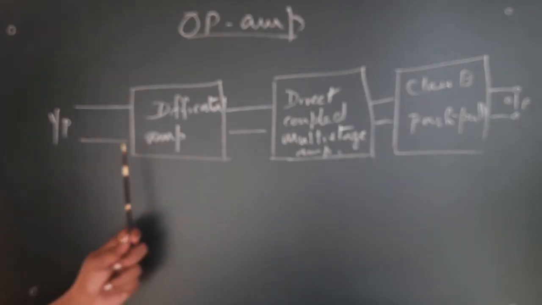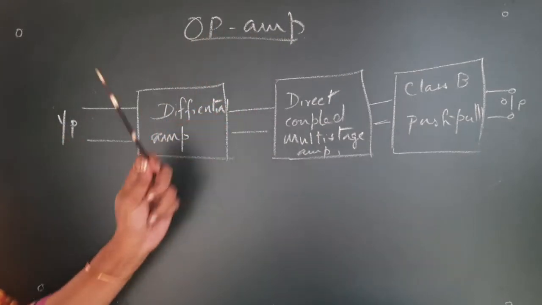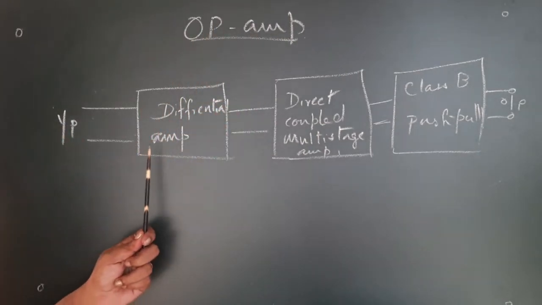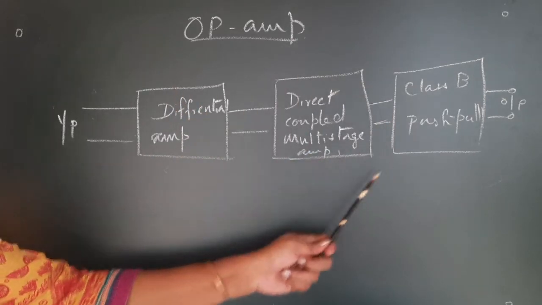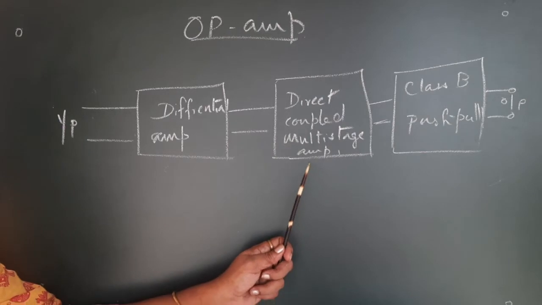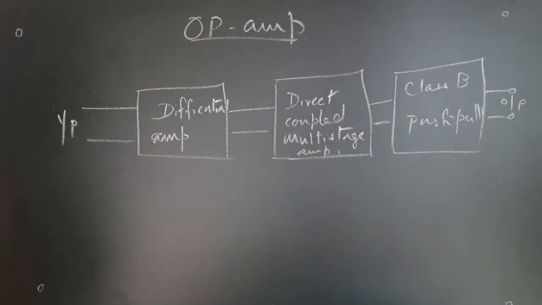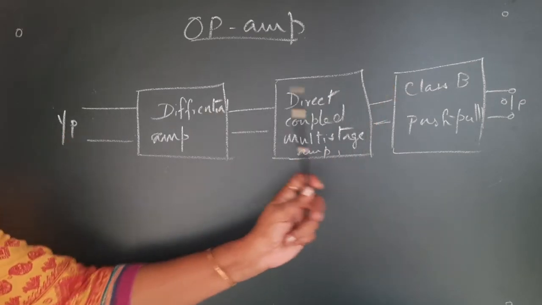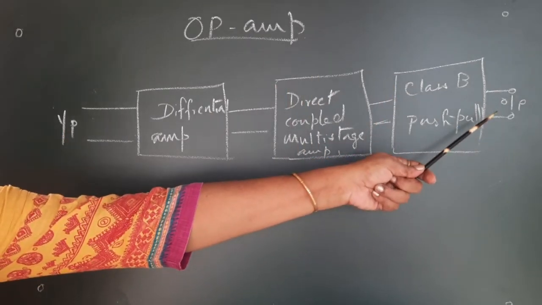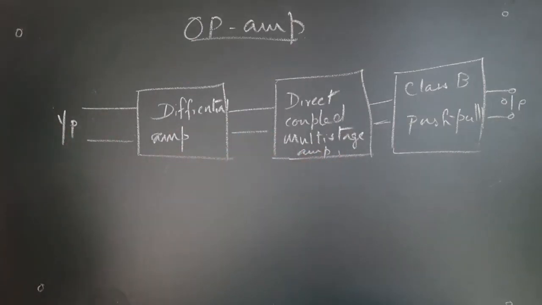So, we discussed that the input stage of an op-amp is differential amplifier. The intermediate stages are direct coupled multi-stage amplifiers and the last stage is class B push-pull amplifier. So, finally, you will get a high output from this op-amp.